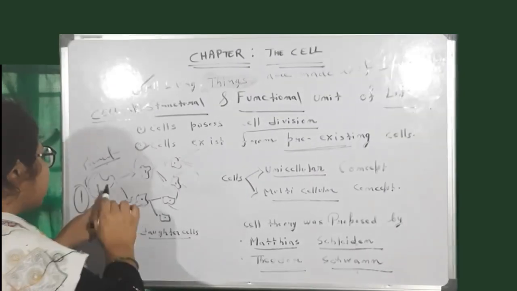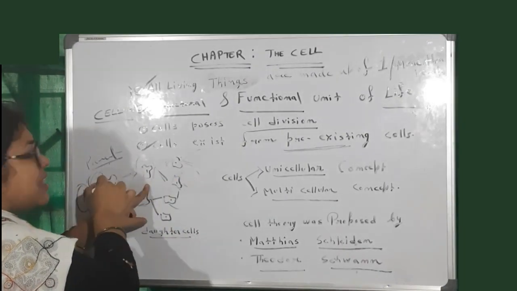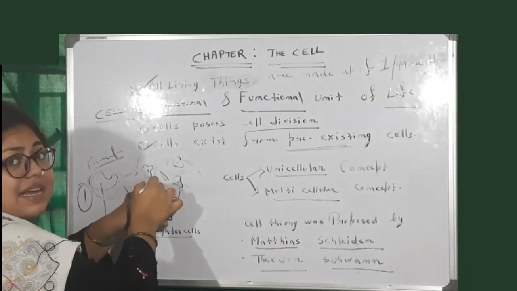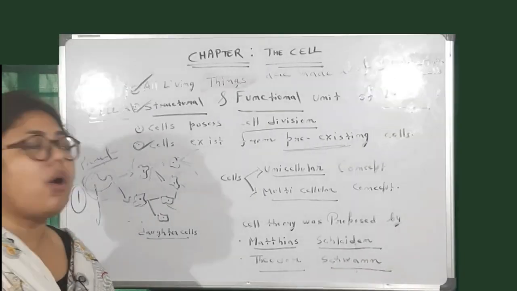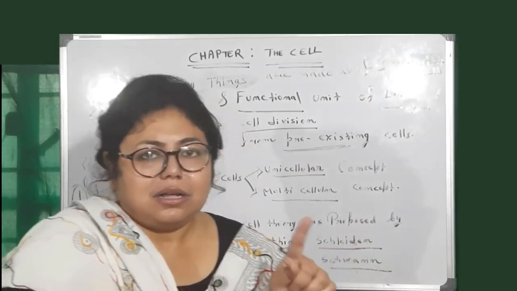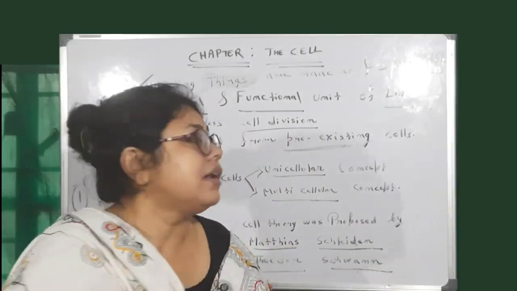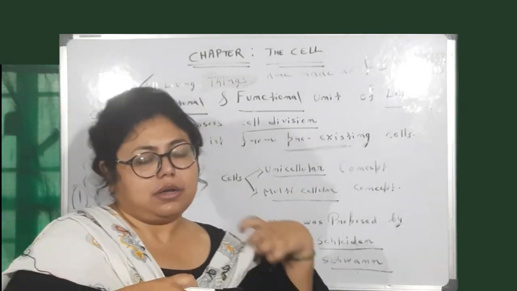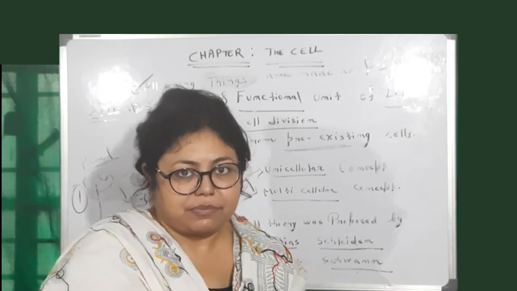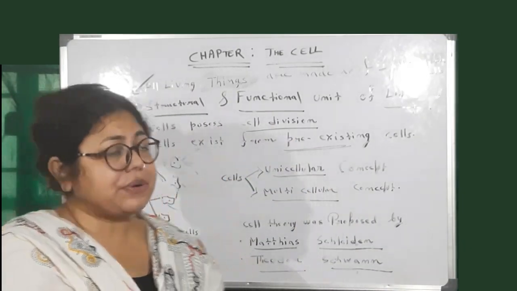This original cell is again dividing to form 2 more cells. This becomes the pre for the other, so this is again the pre-existing cell. Again this one is becoming another cell. So this is how our one cell is getting redivided to form different types of cells, the tissues and so on. So I hope this concept is clear, why pre-existing cells, right?